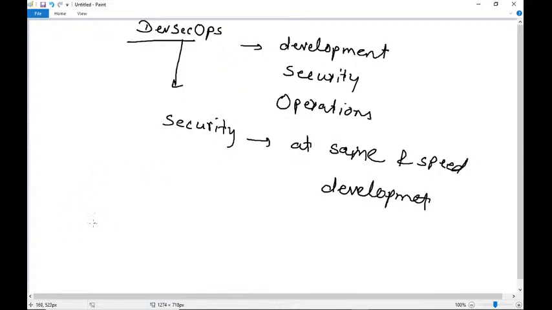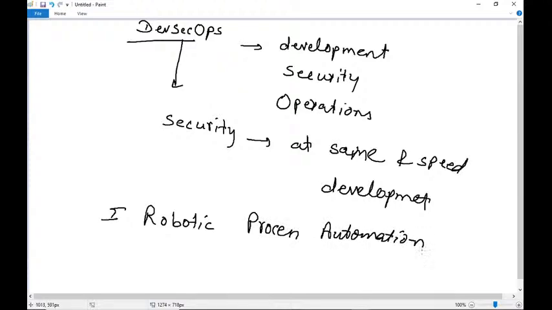And one of the important technologies is robotic process automation, or virtual reality, augmented reality, all these things. You should know some basics about this. What is robotic process automation? Robotic process automation is basically an idea that anything that can be automated should be automated.